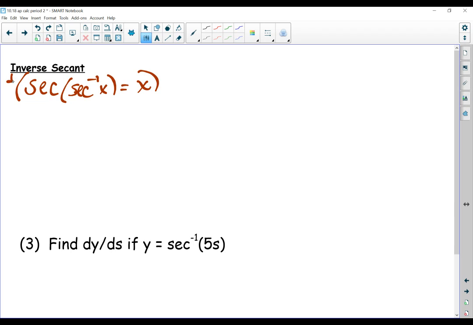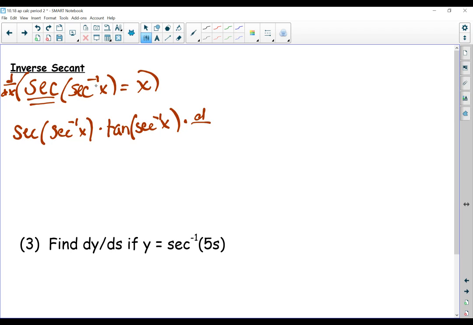All right, let's see how far you got. I'm going to take the derivative of this equation. The derivative of the right side is just 1. That's easy. On this side, we're still using our chain rule, but it's secant, guys, and secant self-tans. So the derivative of secant is secant of the angle times tangent of the angle, times the derivative of the inside function, which I don't know, so I'm just going to write it as an expression: the derivative of inverse secant equals 1.